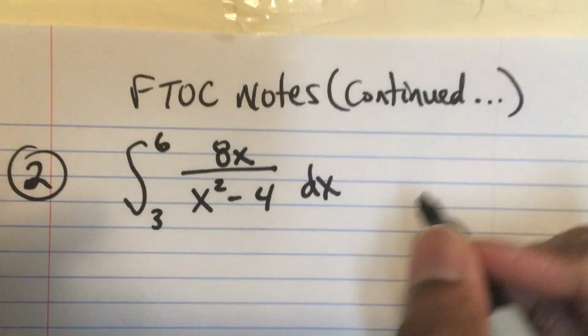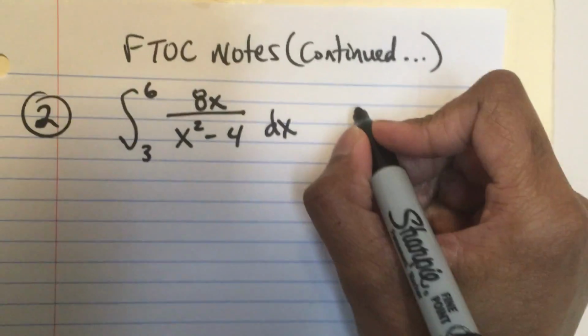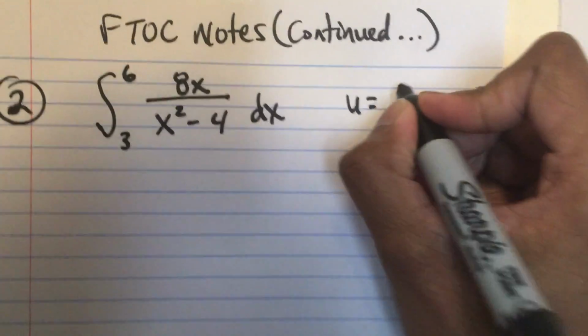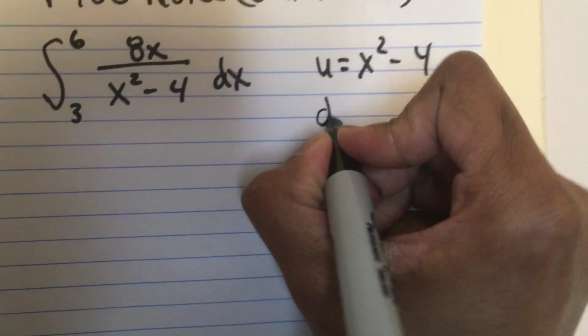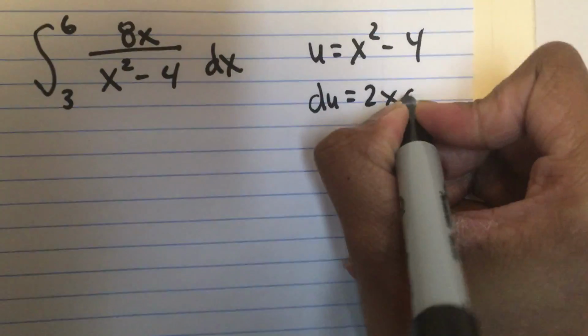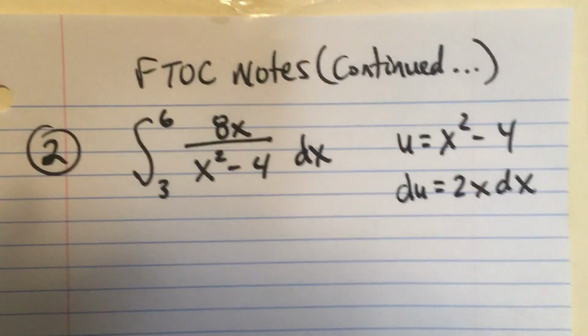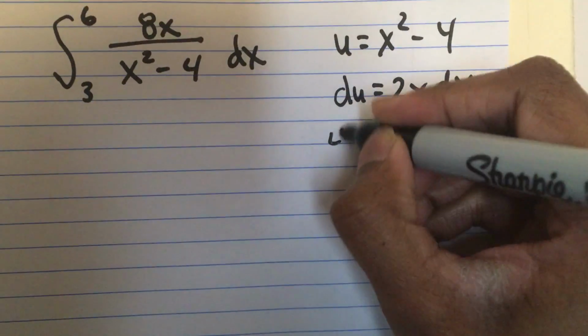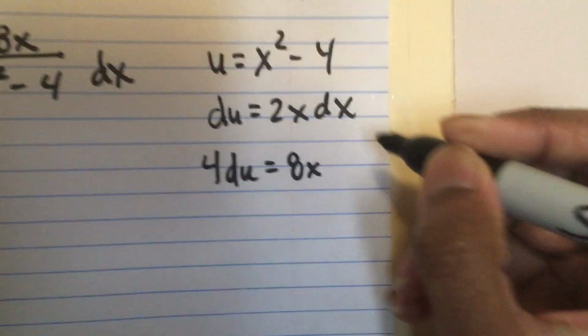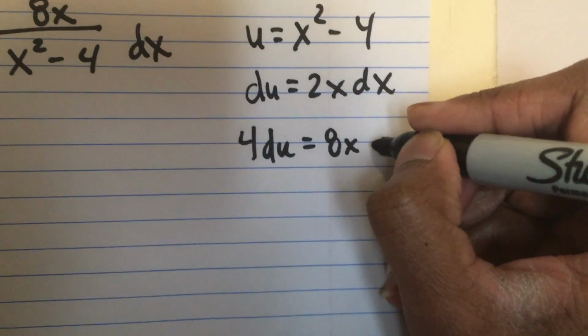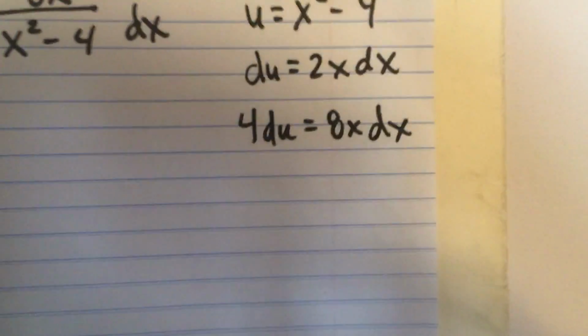So I'm going to use u-sub. u is going to equal x squared minus 4. du is going to equal 2x dx. But we need an 8x, so I'm going to multiply by 4 on both sides. So 4 du equals 8x dx.